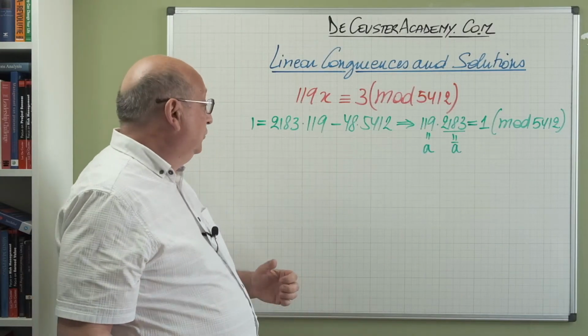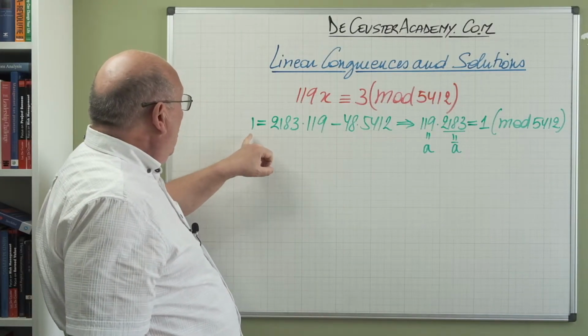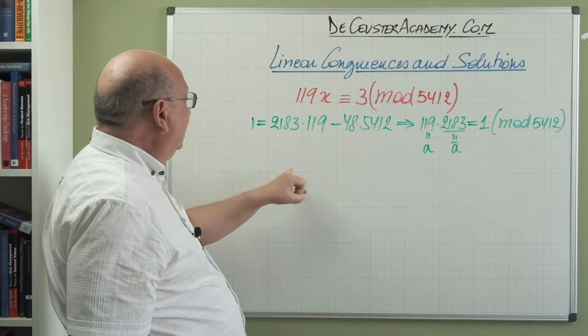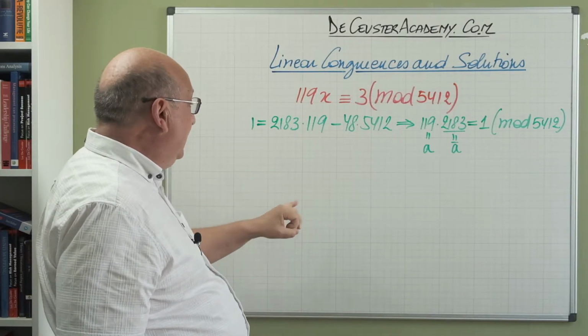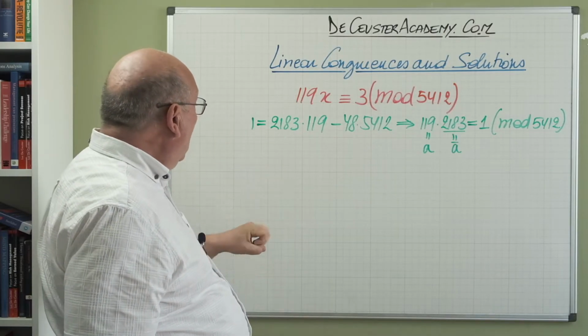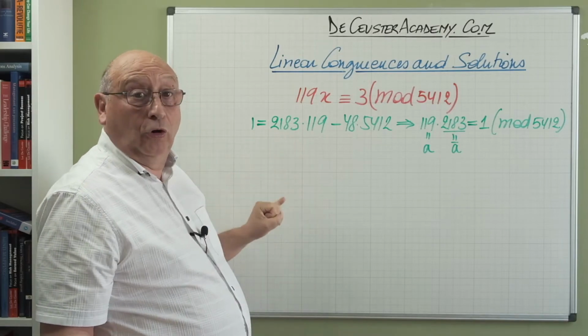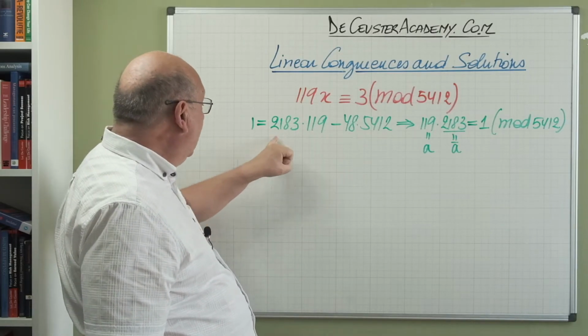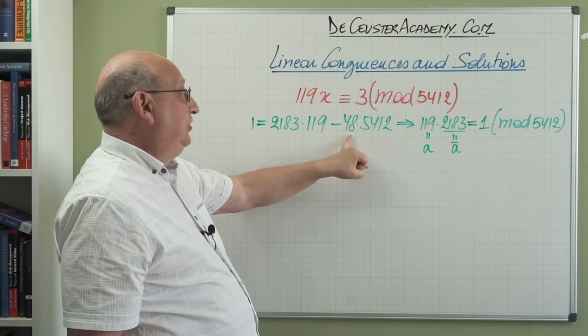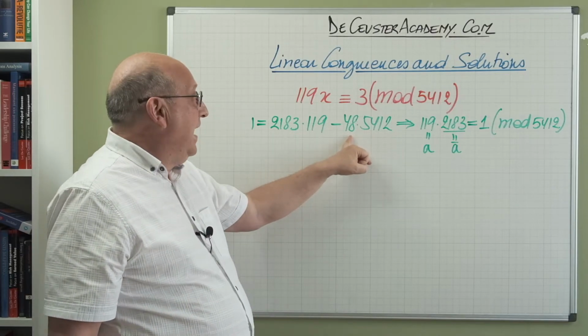Previously we found that 1 equals 2183 times 119 minus 48 times 5412, which are the Bezout coefficients for this GCD. S is 2183 and T is 48.